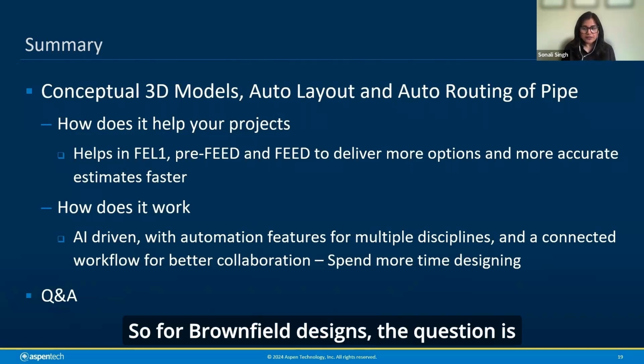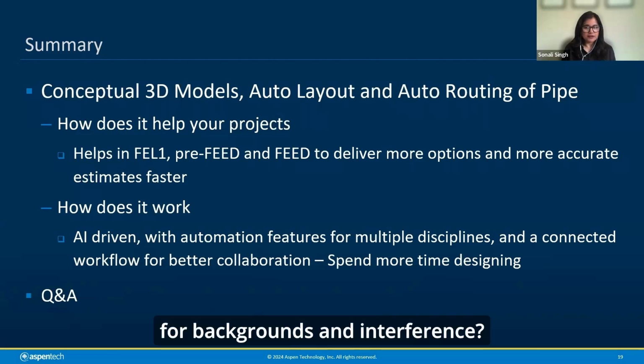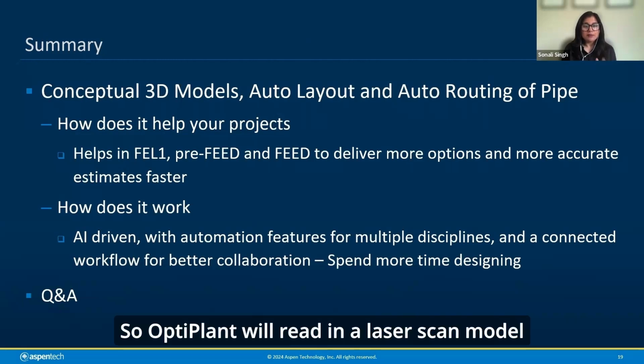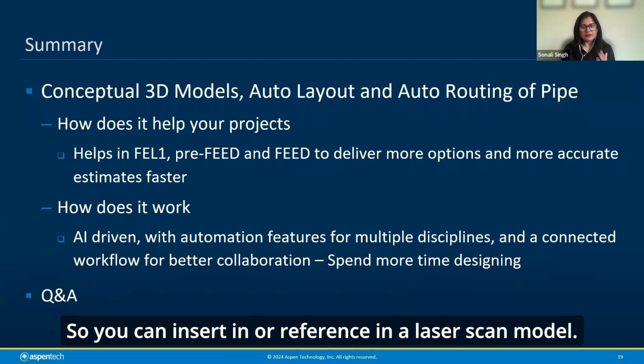For brownfield designs, the question is, how do you handle tie-ins, demolitions, scans for backgrounds and interference? So OptiPlant will read in a laser scan model in the format of E57. So you can insert or reference in a laser scan model.